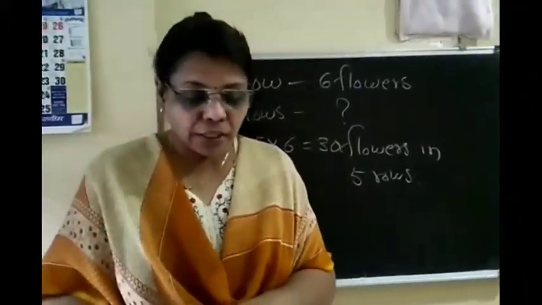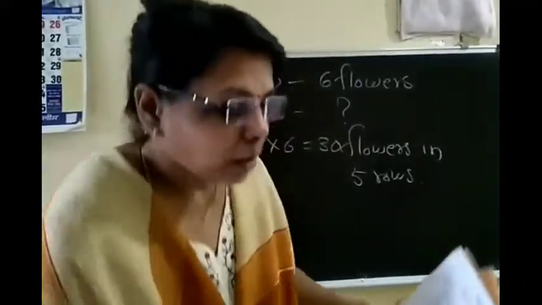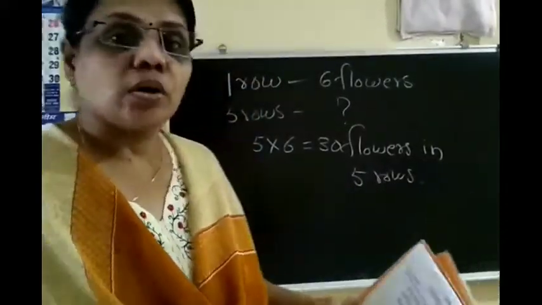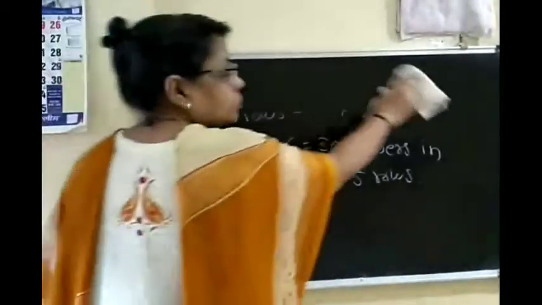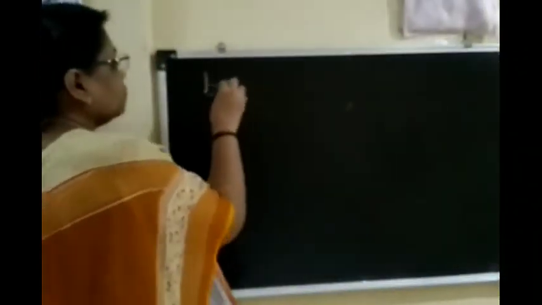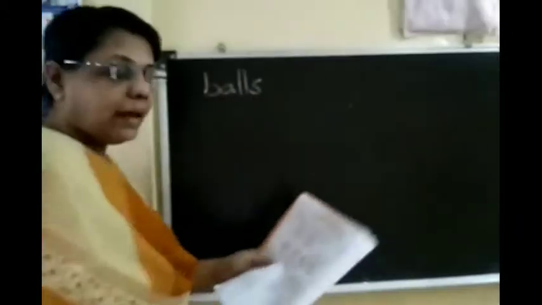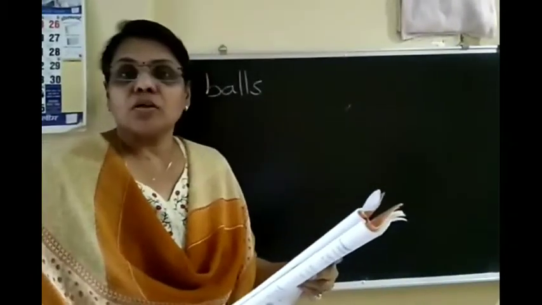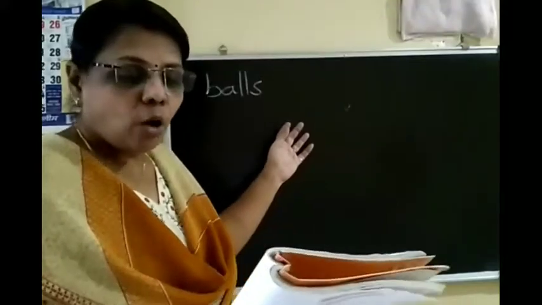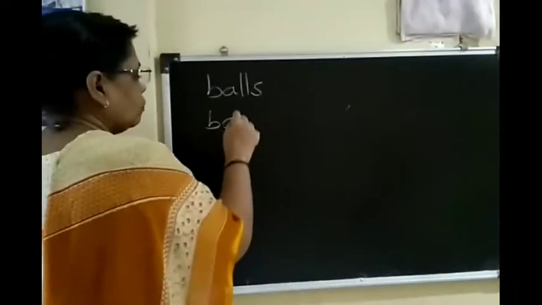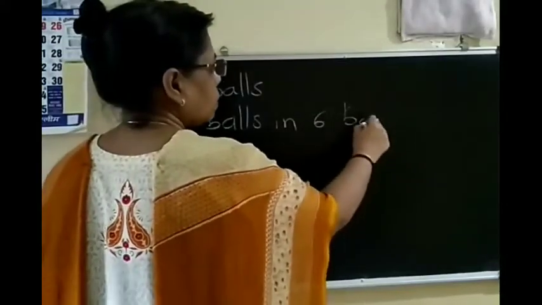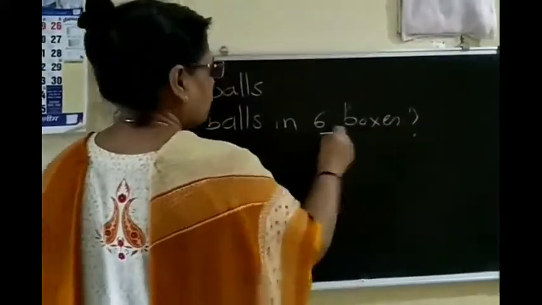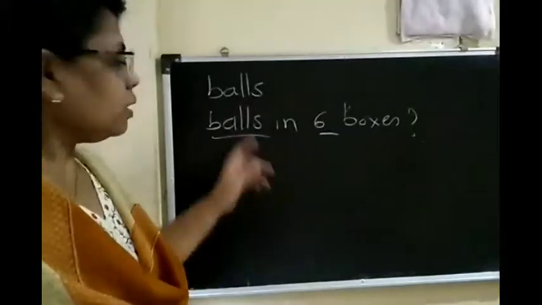So there are dash in each box. Please fill up the blank. There are dash balls in each box. How many dash balls in 6 boxes? So 2 blanks are there.